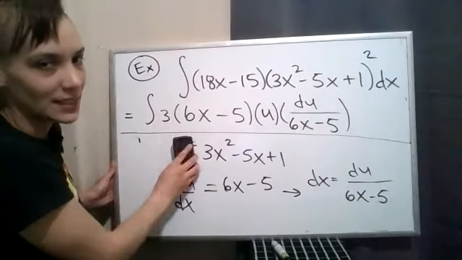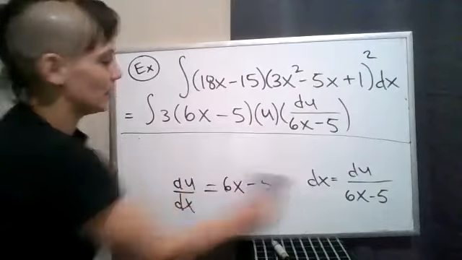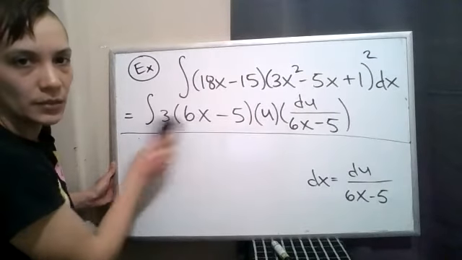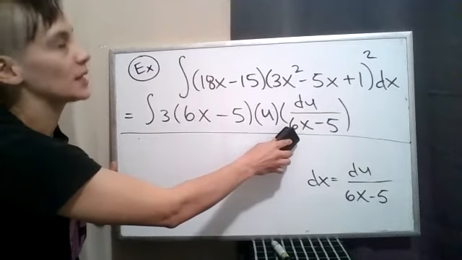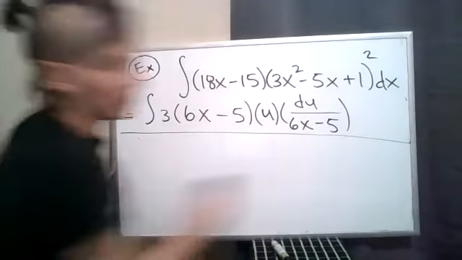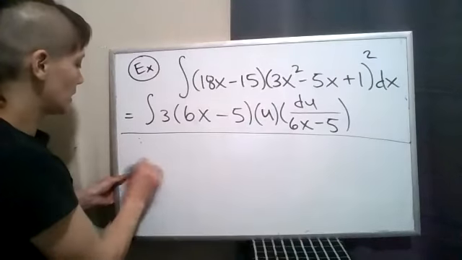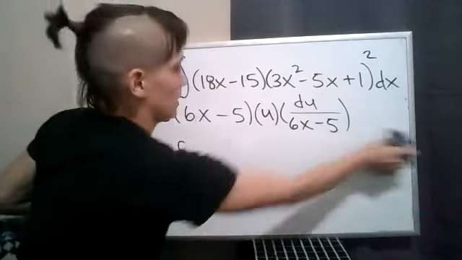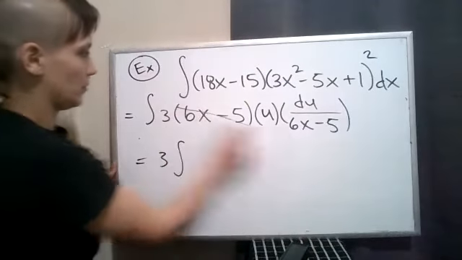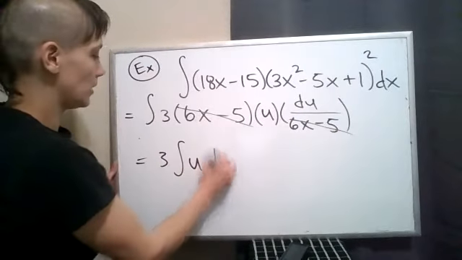So this one works out nicely once you do the right u-sub, and we'll bring the 3 to the front. 6x minus 5 over 6x minus 5 reduces to 1. And integrate u du.